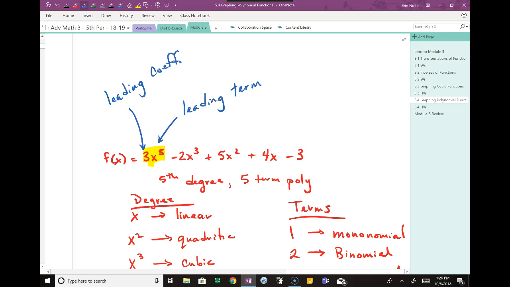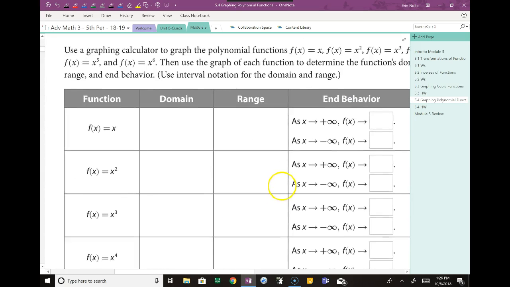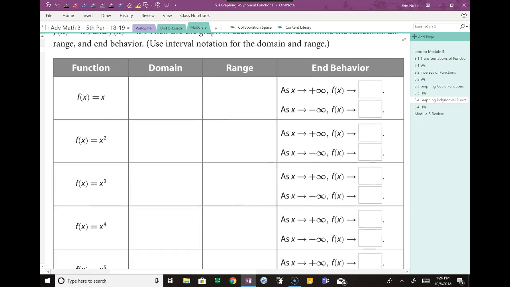Okay, so the leading term will tell us what a function looks like. If we go to this little table that they have for us, does anybody know what an x function looks like? So if I was going to graph y equals x, what does that look like? Linear, right? It's a straight line, it has a slope of 1, so it would look just like that.